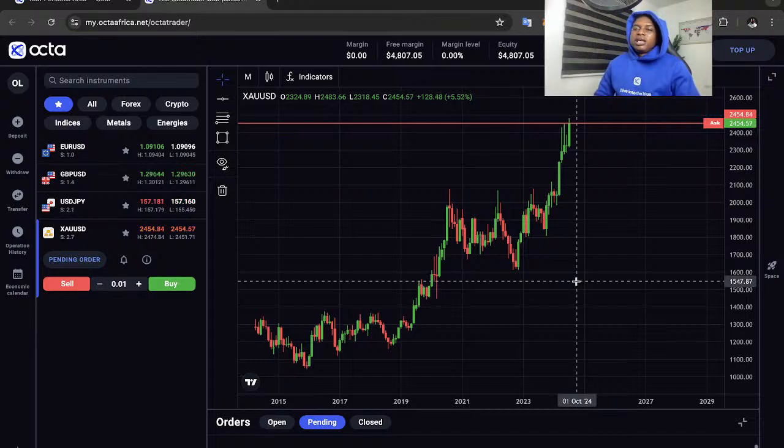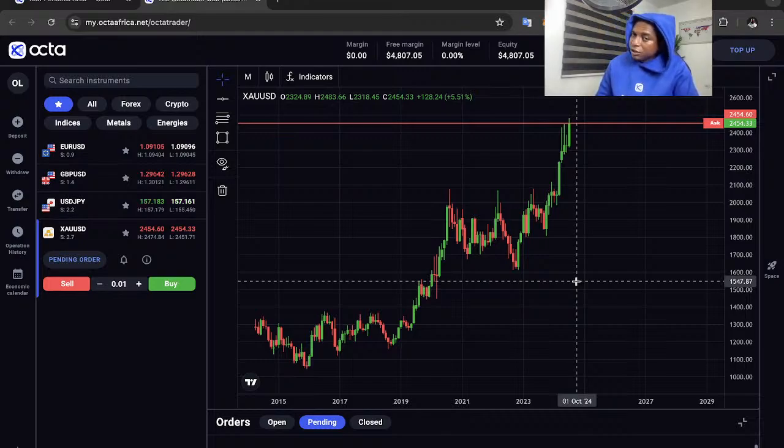Now, gold is one of the safe haven assets that investors use in hedging against risk. Gold tends to thrive in economic crisis.